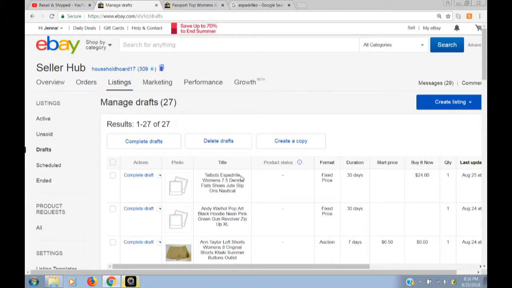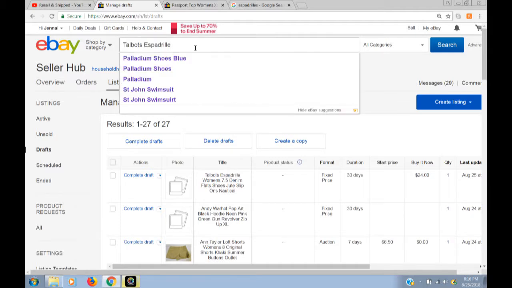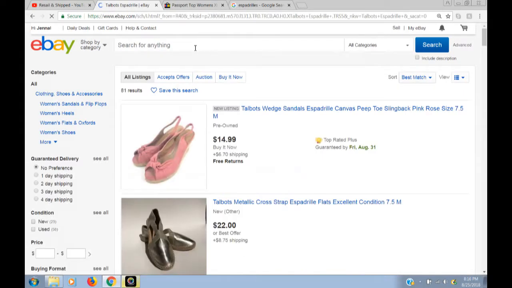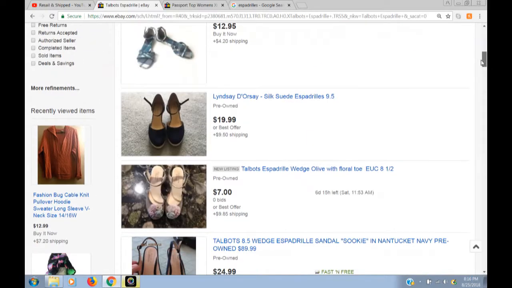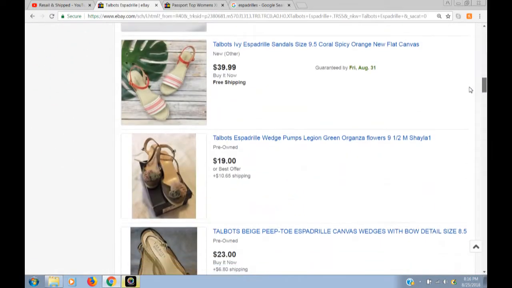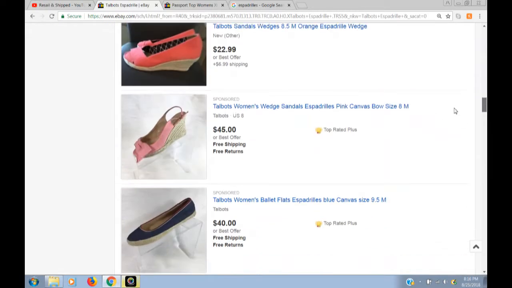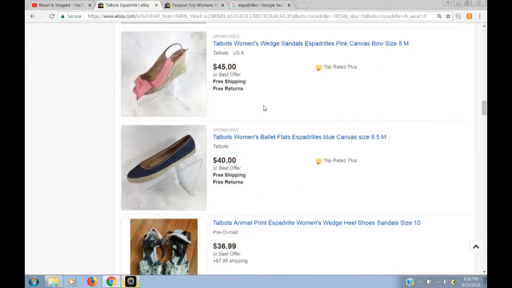So now, if I wanted to see how many of these were listed, I hadn't spelled it right before, but I do remember us not really finding anything like that. So they have these shoes, but they're not, oh look, here are my shoes. This person is listing them for $40, and this is their sponsored listing.